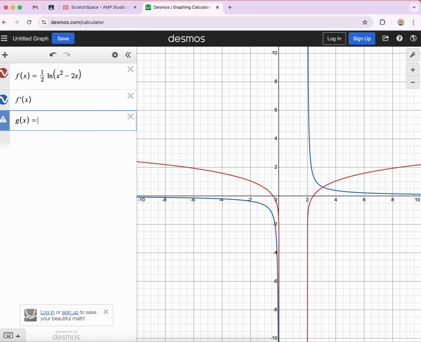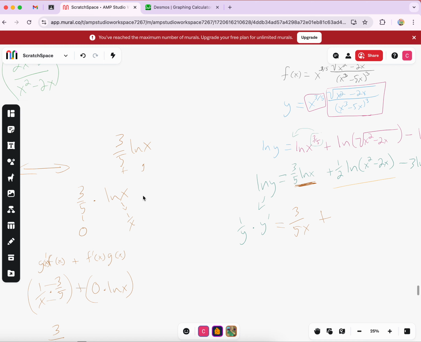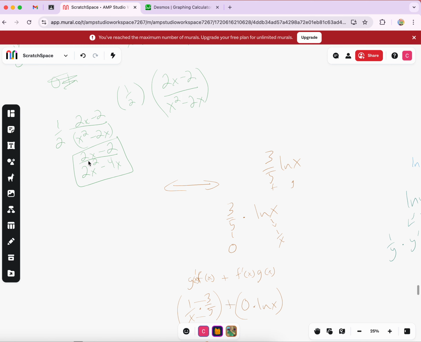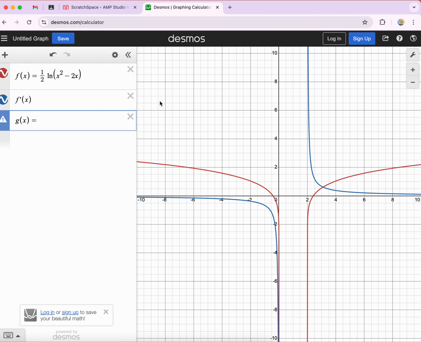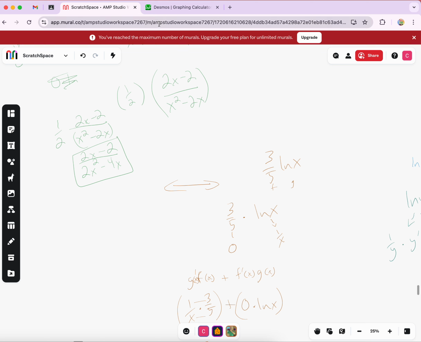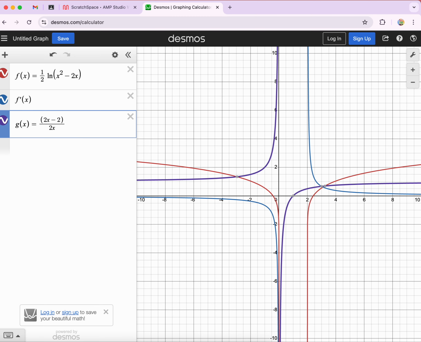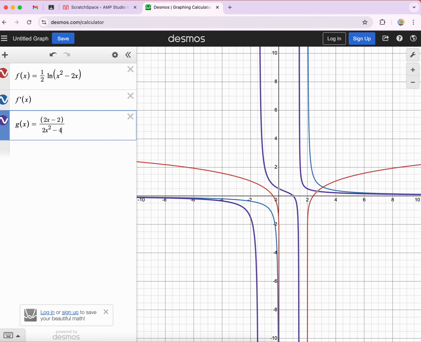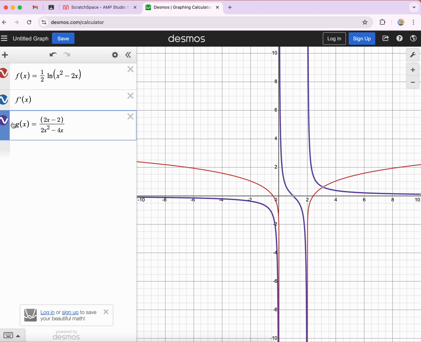And then let's type in our version of it and verify that we got the right answer. Which was 2x minus 2 over, and we had 2x squared minus 4x.